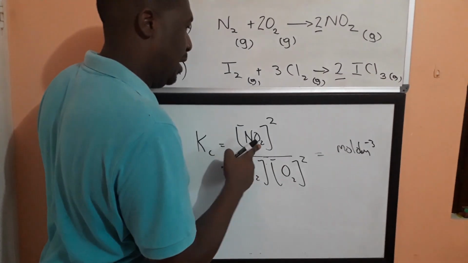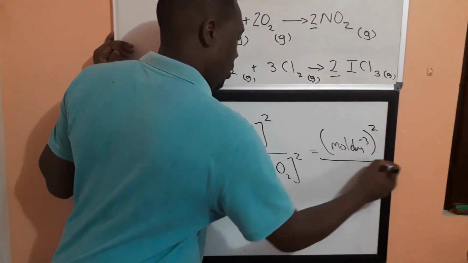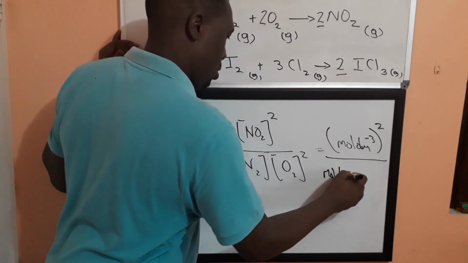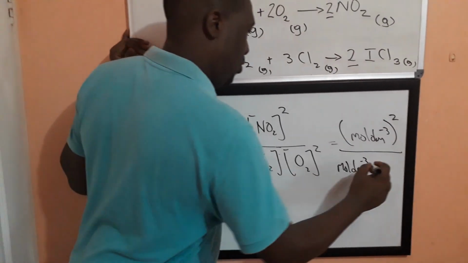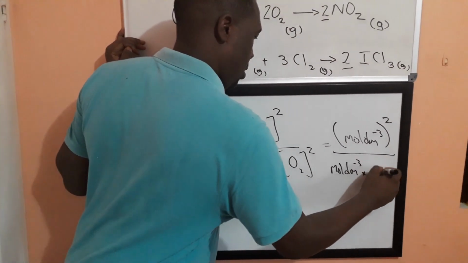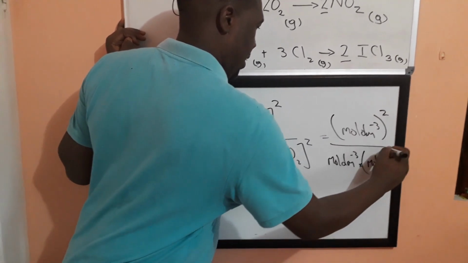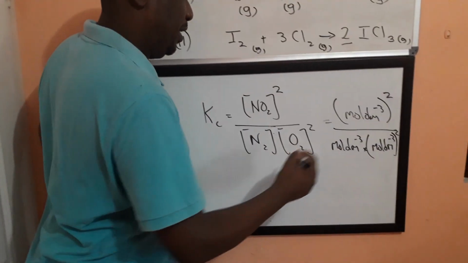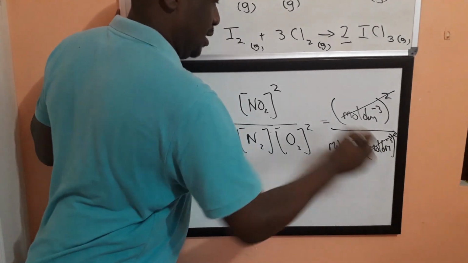which would be that. And of course, that's squared over this, which is mol per dm cubed, times this, which would be mol per dm cubed as well, but that's squared. Now, if we cancel it down, that into that is 1, and that into that is 1.